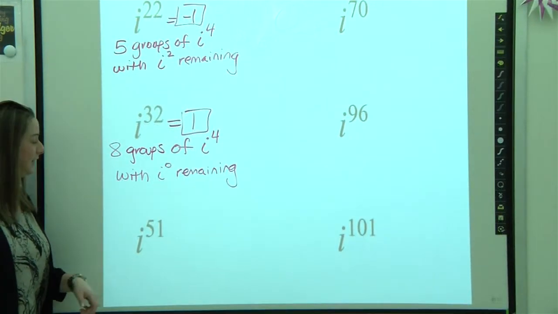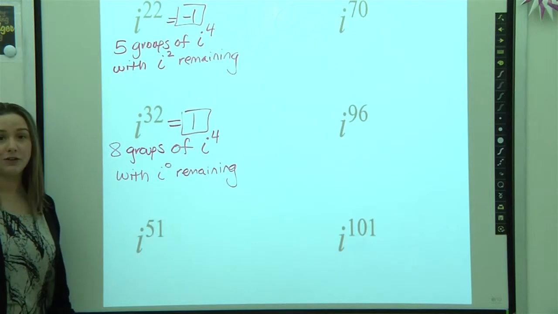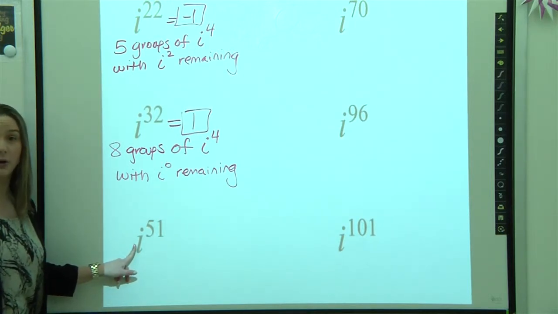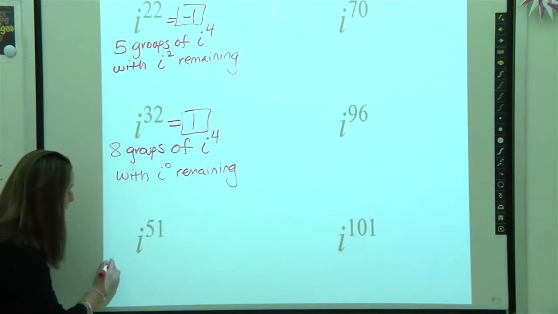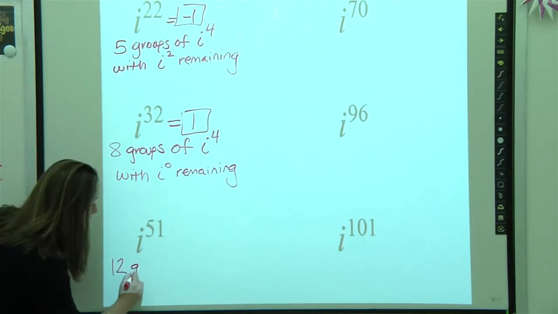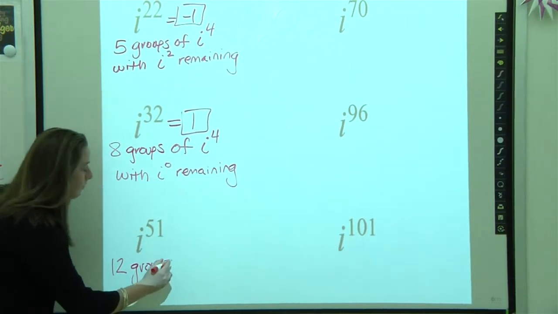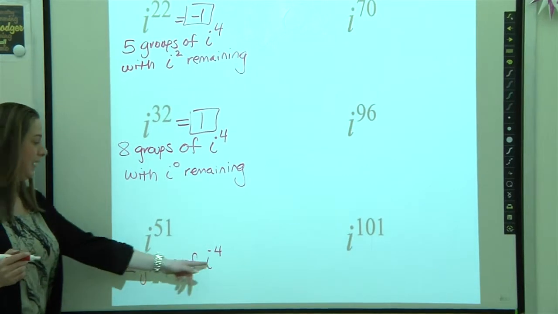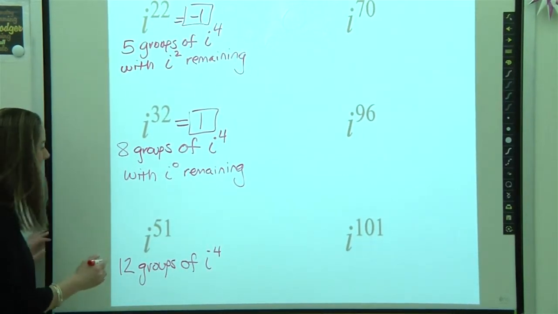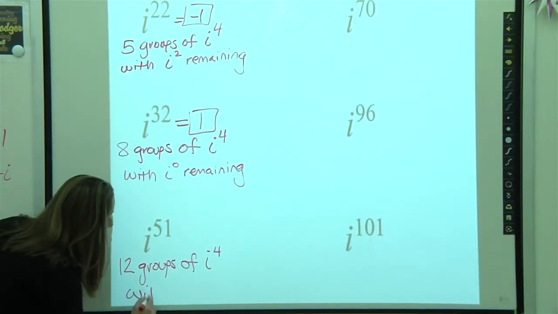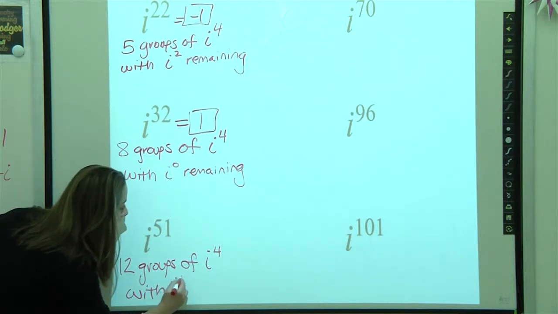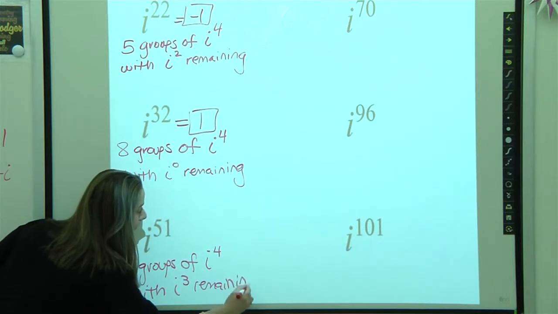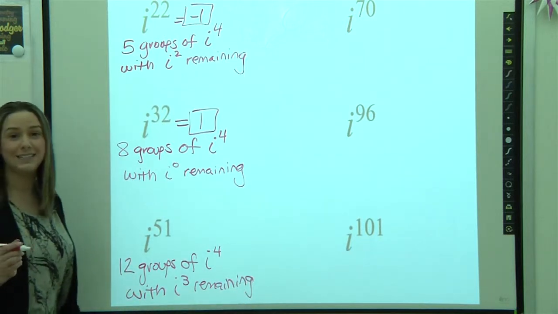Let's take a look at i to the 51st power. How many groups of i to the 4th go into i to the 51st without going over? 12 groups. 12 times 4 is 48. 51 minus 48 is going to be i to the 3rd remaining. i to the 3rd is -i.